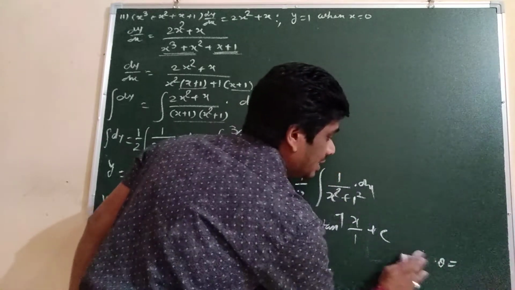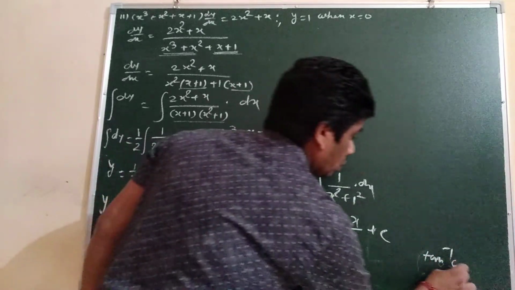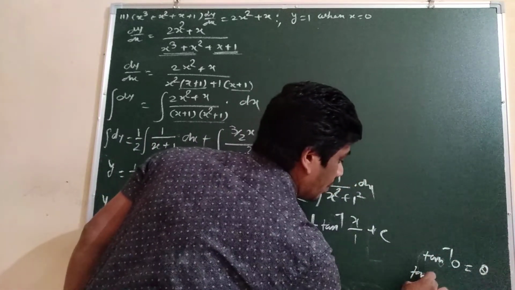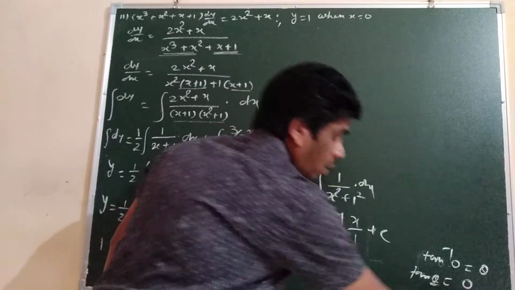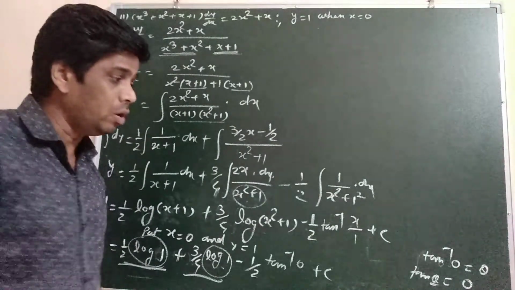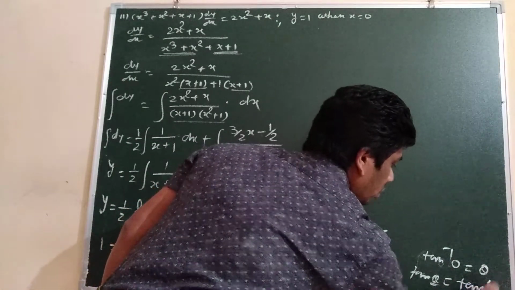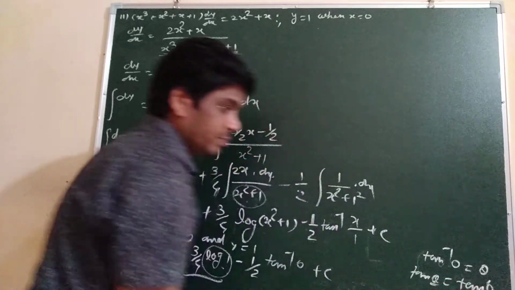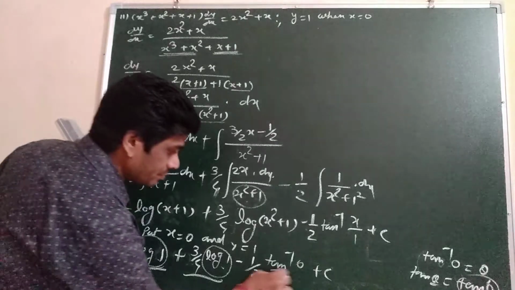Because we can write tan inverse 0 equal to theta, so tan theta equal to 0, and for which value of theta will tan theta be 0? For 0, tan 0 will be 0, which means theta will be 0. So we can write here 0.